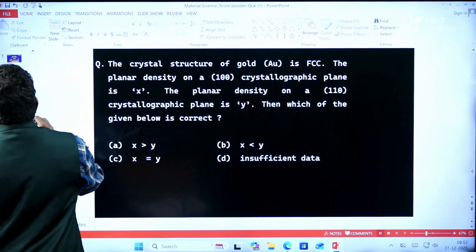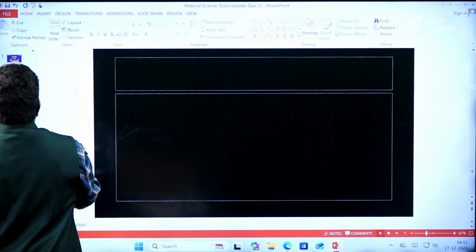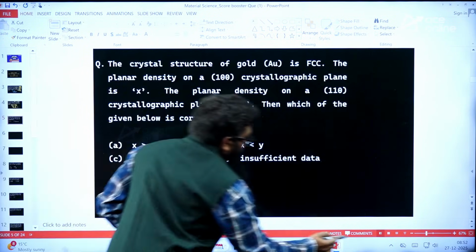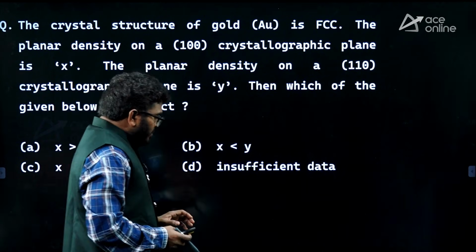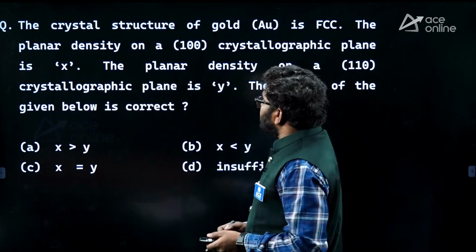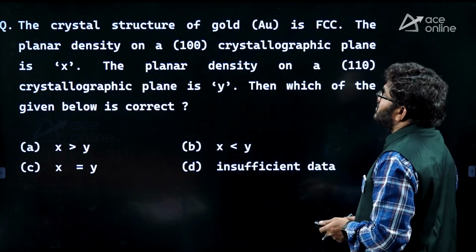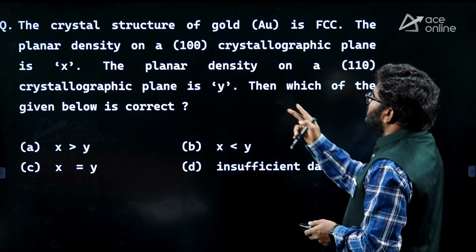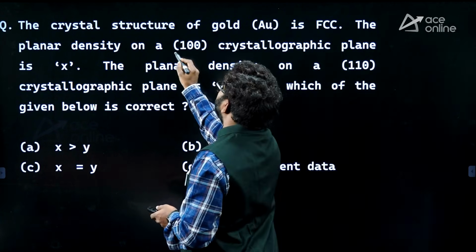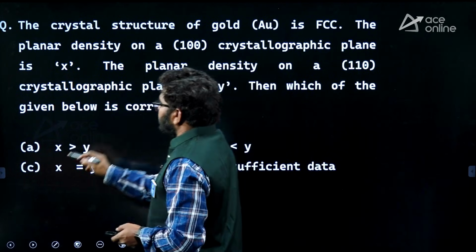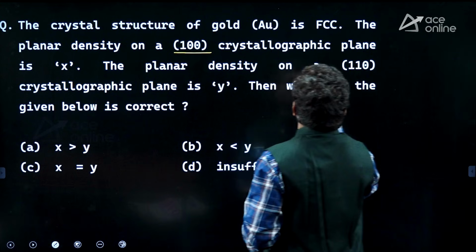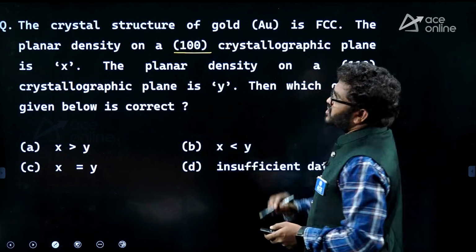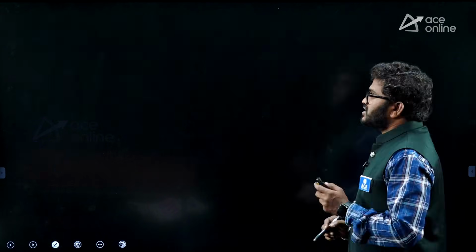Let us consider. I'll take 2 new slides here so that it is easy. Listen carefully. They are asking planar density of two planes. One is 100 and the second one is 110 of FCC structure. So gold is an FCC structure.